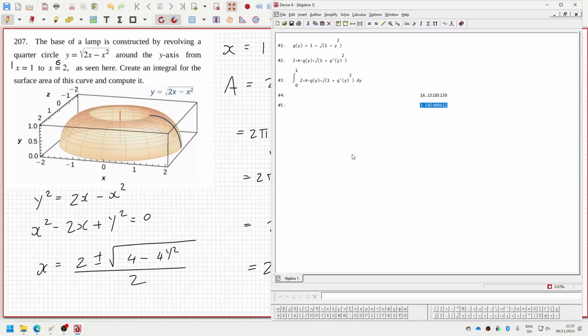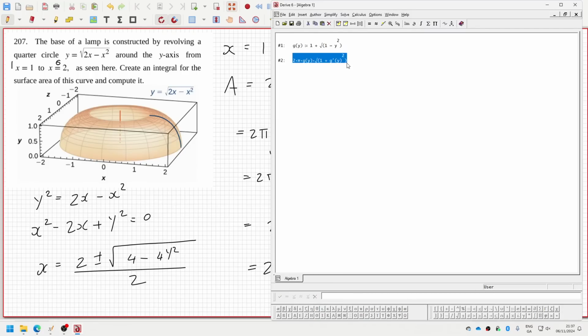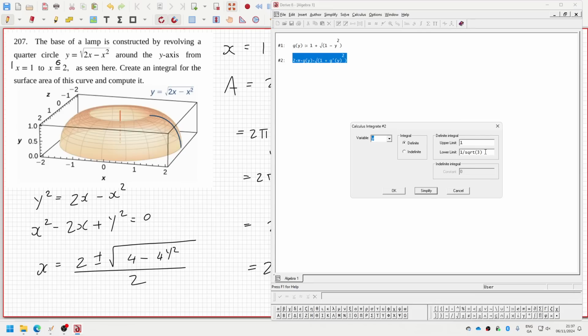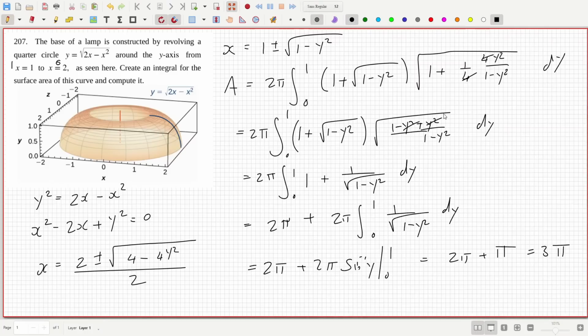I'm close to the answer at the back, but I'm confused why this isn't correctly giving it to me. Oh, pi plus 2.